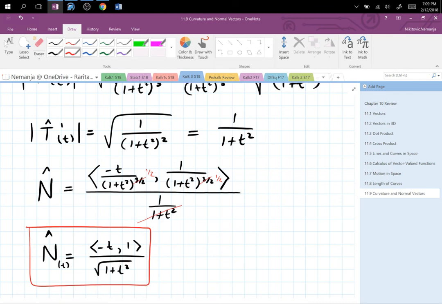So if I let go, I don't have anything holding it. As I let go of this, you see it takes off tangentially that way.